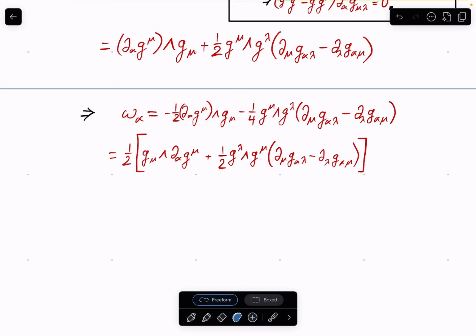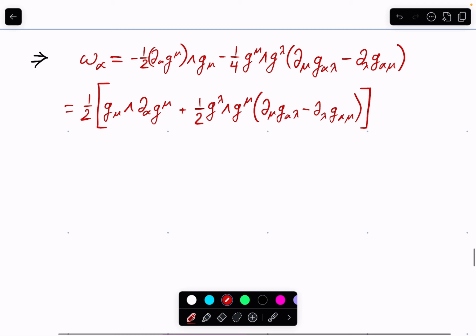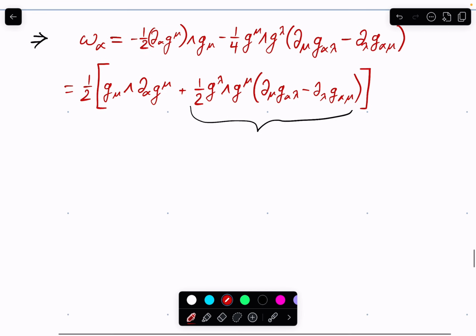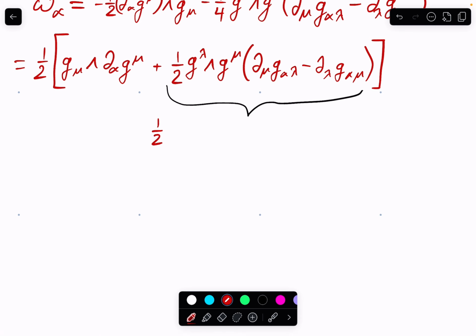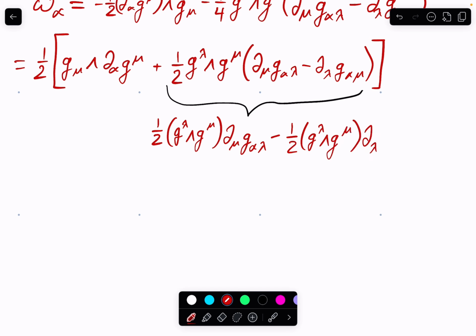You'd think that we're done, but not quite. We have one more thing to do, and that is to simplify this expression right here. So we have 1/2 G lambda wedge G mu partial mu G alpha lambda minus 1/2 G lambda wedge G mu partial lambda G alpha mu.